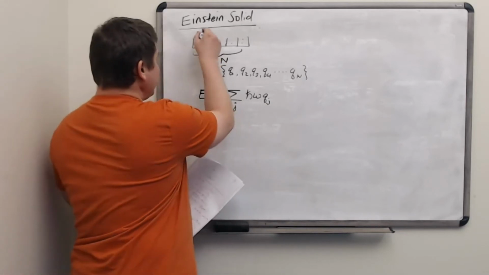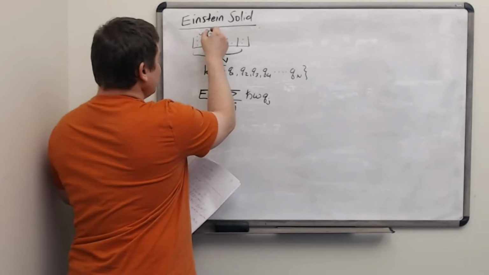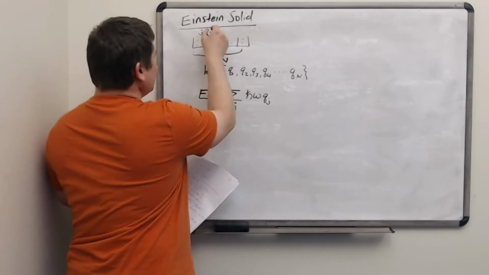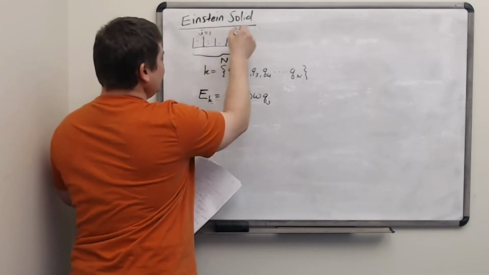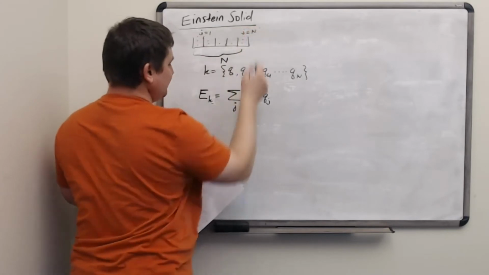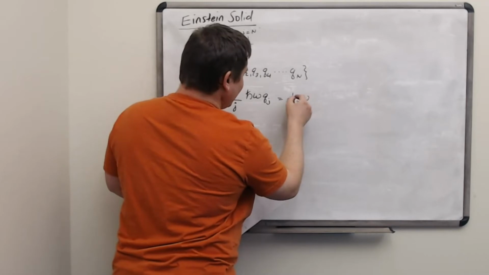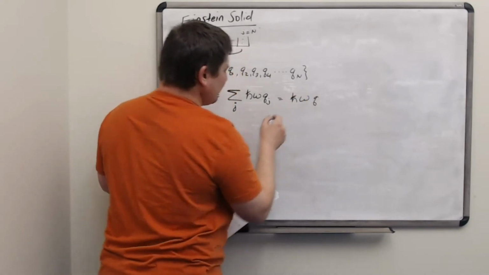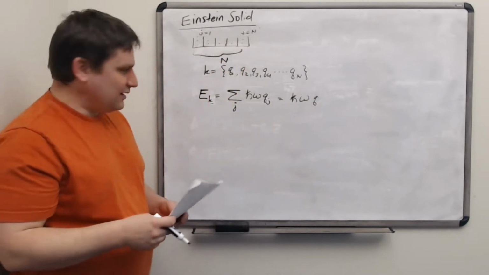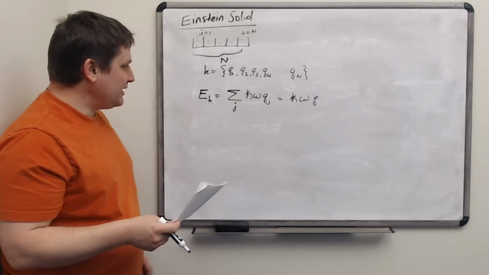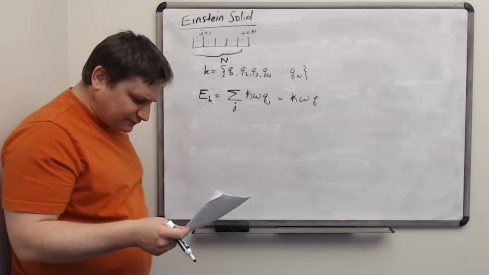So J would be the number of the oscillator, or the number of the atom. So J is 1 up to J equals n. Right, and we had just said, well, since we add these all together and they're all just integers, we could just call that the total number of quanta q in that microstate.